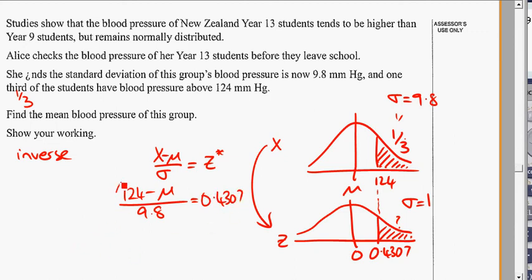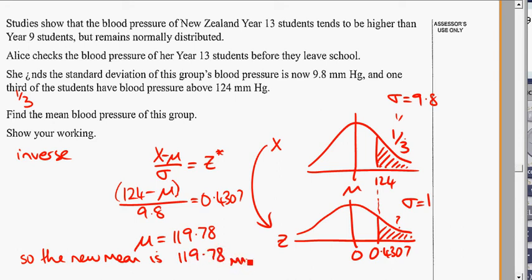Now we've been solving this using solver on the calculator, remembering brackets around here. We can do it by hand. We get a value of 119.78. Just check that that number is in fact to the left of 124, which it is. So the new mean is 119.78, put it in a unit, remembering units for excellence.